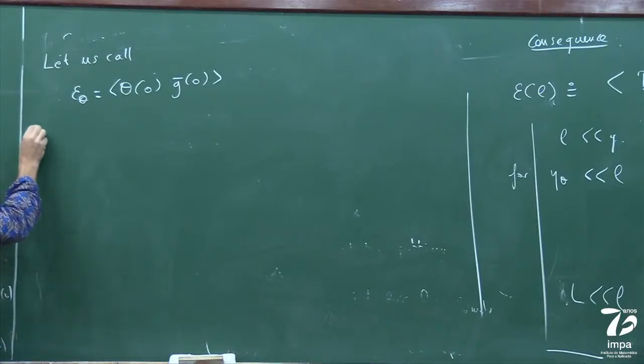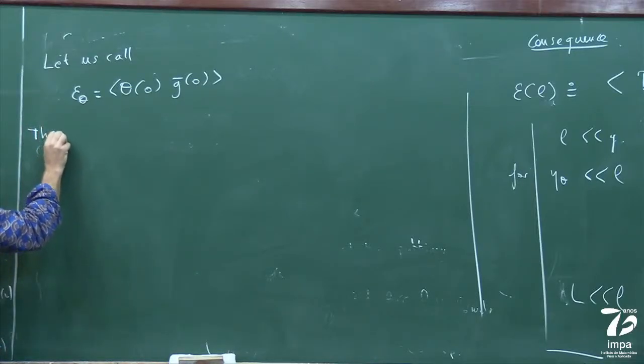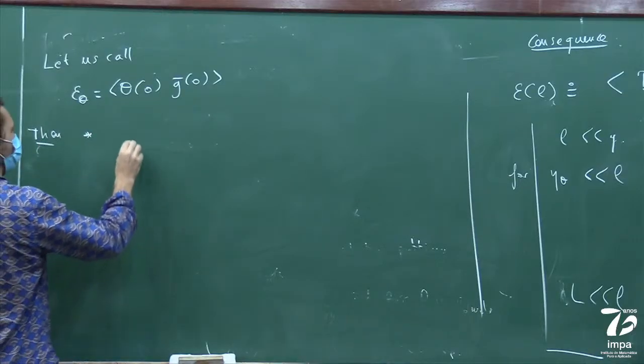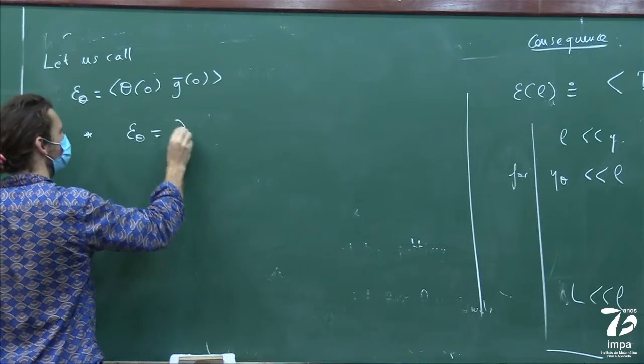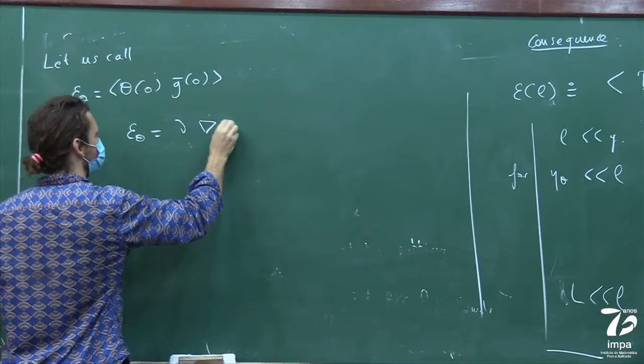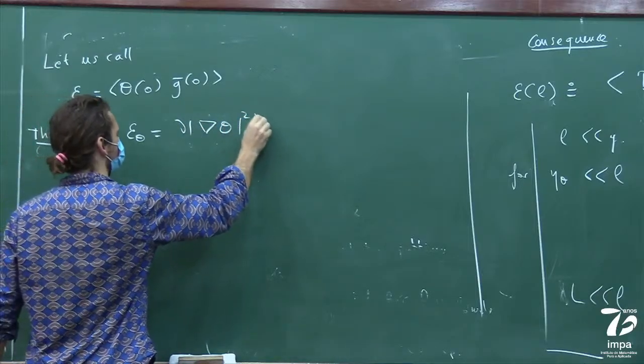Then we have that epsilon theta is nu grad theta square.